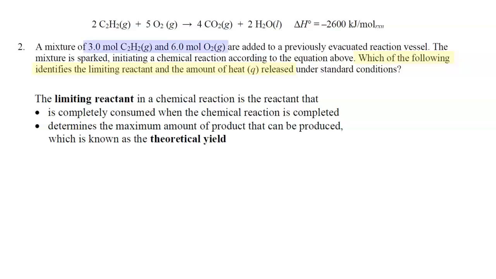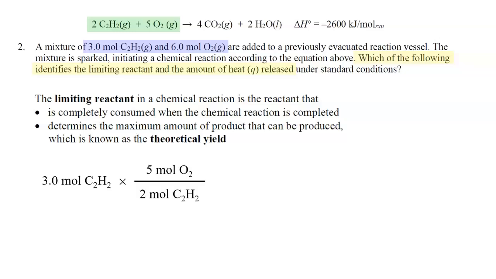So in this question, we have 3 moles of acetylene and 6 moles of oxygen. And we can use the coefficients for acetylene and oxygen, which are 2 and 5, to convert from moles of acetylene into moles of oxygen. So I'll set up my conversion factor using those coefficients. There are 5 moles of oxygen consumed for every 2 moles of acetylene.